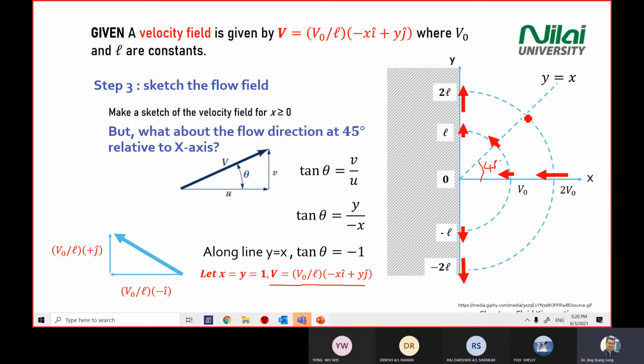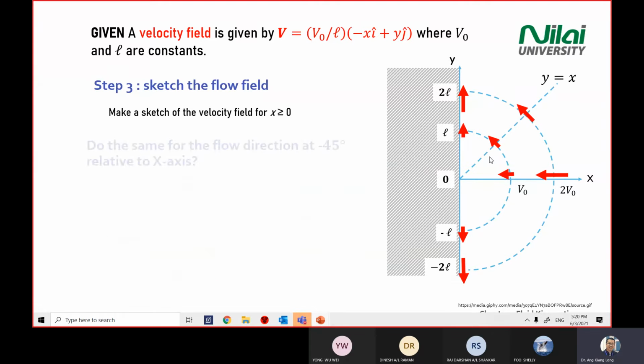Then the same applies for this location, where you have a larger magnitude. Okay, I will take this as homework for today. So what happens if you have a negative 45 this way? Negative 45, you know that y equal to mx plus c is the general equation of a linear line.